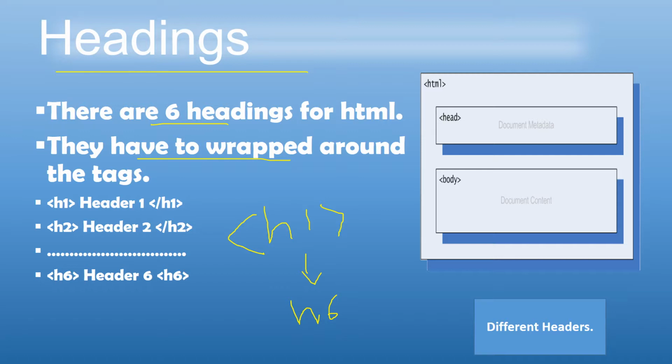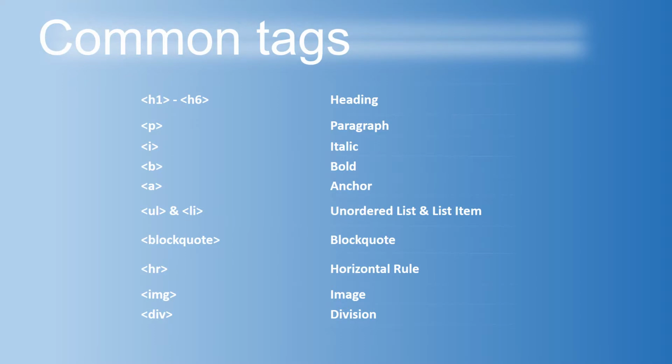So let's get back to the other tags. Some of the common tags in HTML are, as you know, the heading tags I've already covered in the previous slide, and there is the paragraph tag. Once you make a website, you have your website title and your menus. You've definitely visited websites before, right?